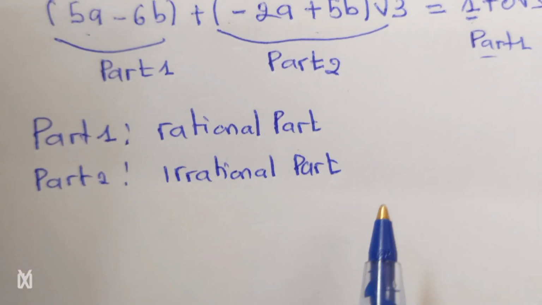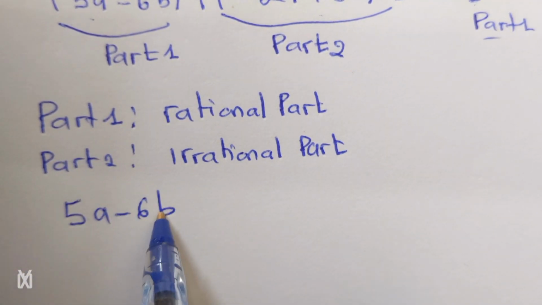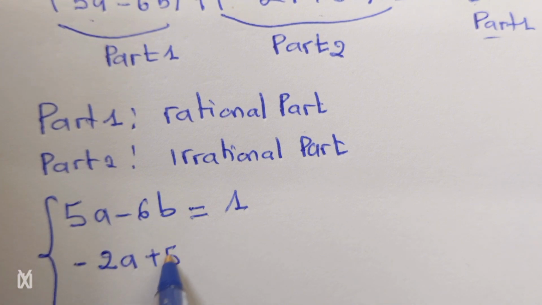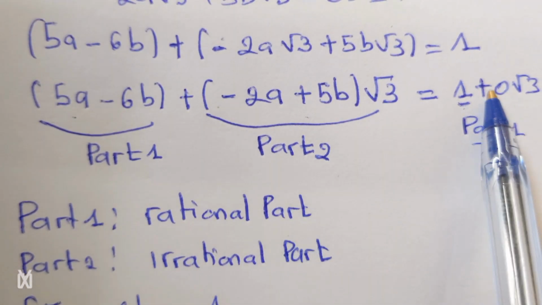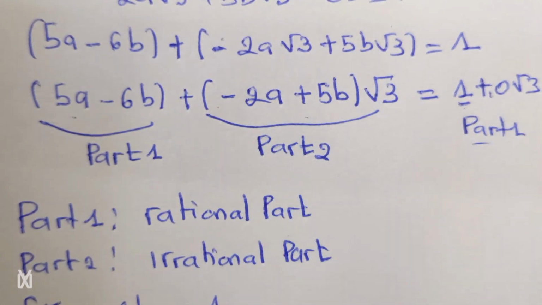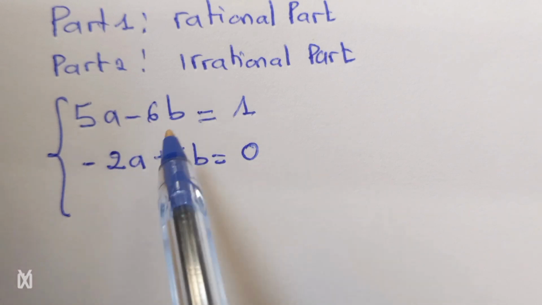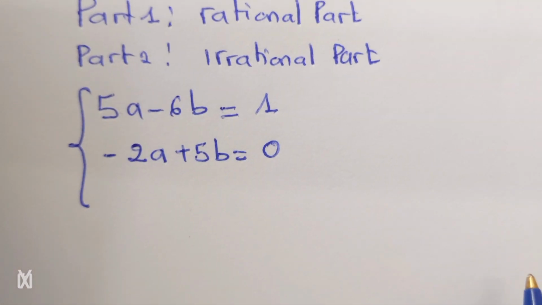It means that here we have 5a minus 6b, which is equal to 1, and we have negative 2a plus 5b, which is equal to 0, because here we have 0. Now here we have a system of linear equations: 5a minus 6b is equal to 1, and negative 2a plus 5b is equal to 0. We are going to solve these simultaneous equations.